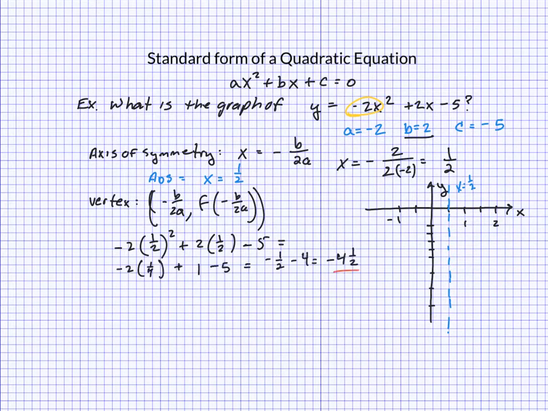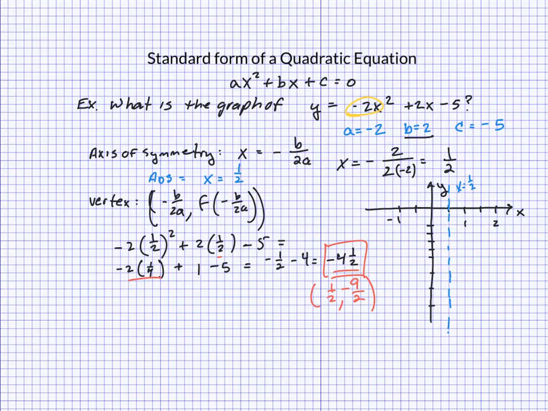As I input 1/2 into my quadratic equation, I have negative 2 times 1/2 squared plus 2 times 1/2 minus 5, simplifying down to negative 2 times 1/4, order of operations, then plus 1 minus 5, which gives me in the end my vertex of 1/2 and negative 9/2.